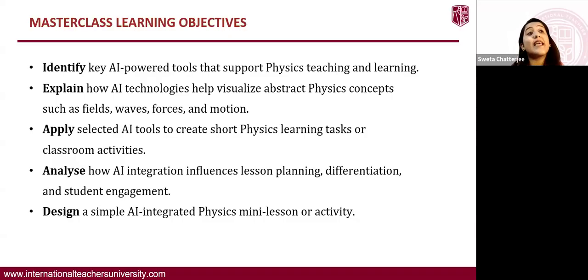After that you will see how these tools can be applied to create classroom activities. And moving on to some higher level thinking, we'll analyze how AI impacts engagement and differentiation. And finally, I'm sure all of you will be able to design a simple AI integrated physics learning task of your own for your students.